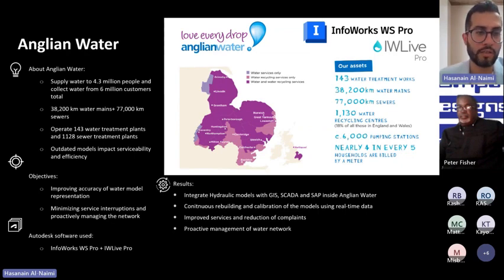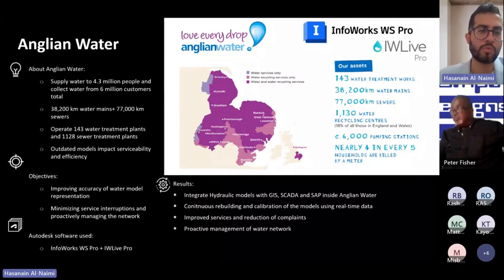Now for Anglian Water, as I said, on my right-hand side here you can see how many assets they have and how big the network is. Generally, Anglian Water supplies water to 4.3 million people and collects wastewater from 6 million people, as well as the stormwater supply involved. The network is huge.